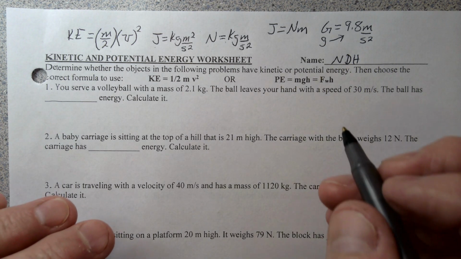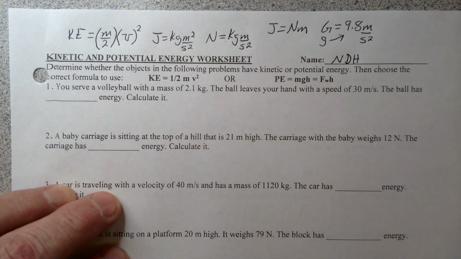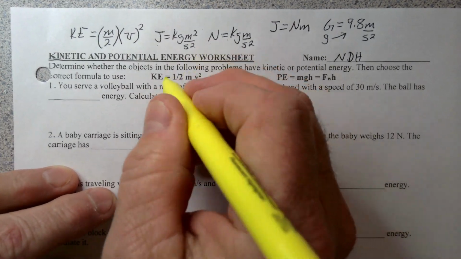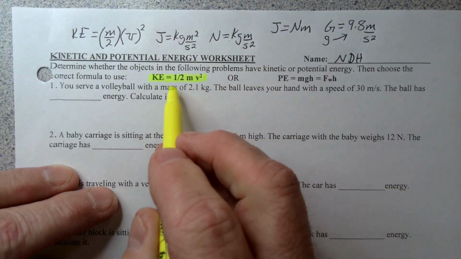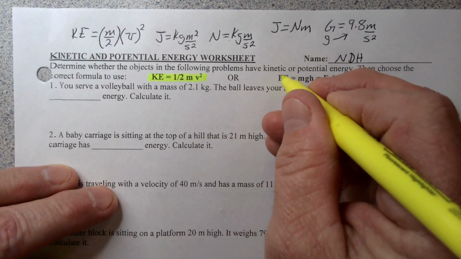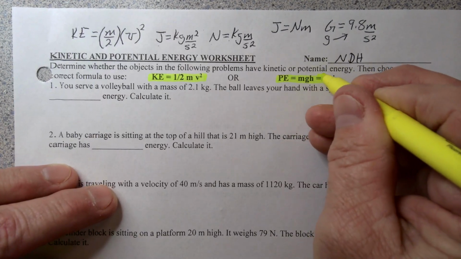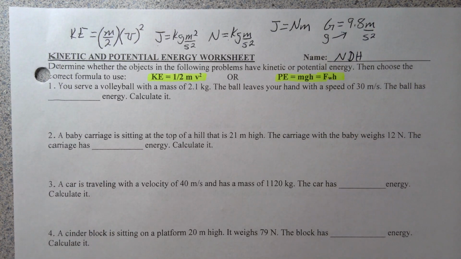We've also got two different formulas over here, and this is just a variation of what you see up above. This is the kinetic energy of 1/2 the mass times velocity squared. Another way we can find potential energy is mgh, and then another way we can do it is FWH. Force weight is how much gravity pulls on the mass of an object.